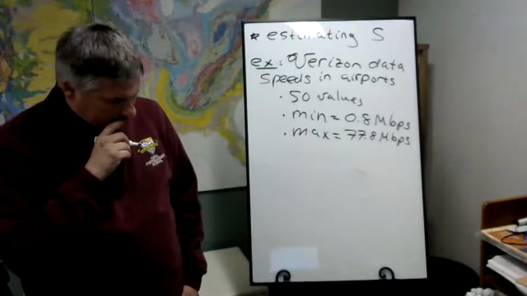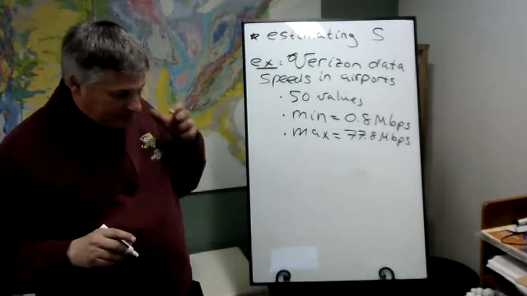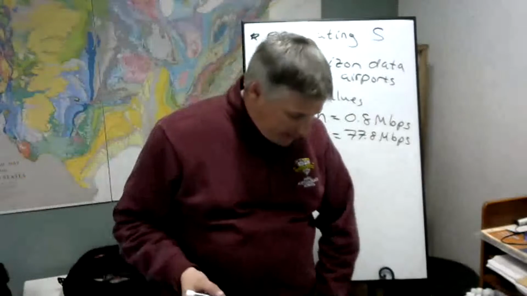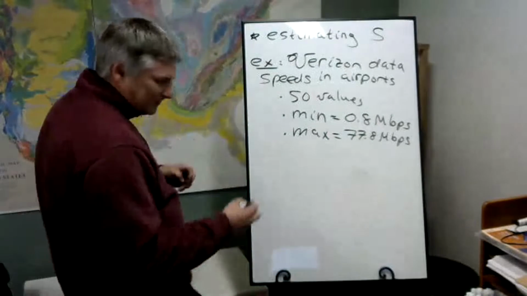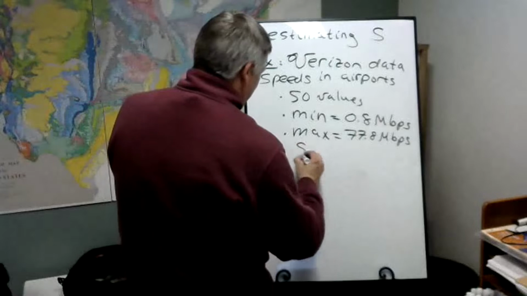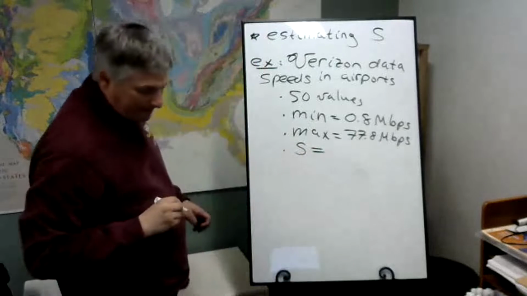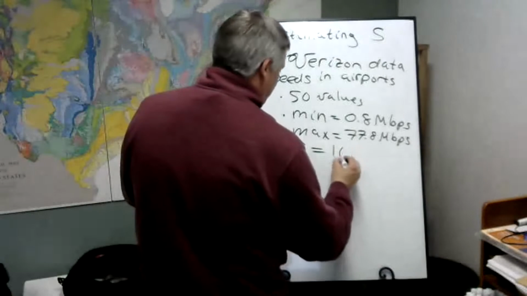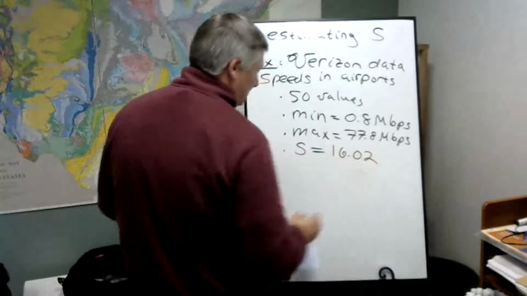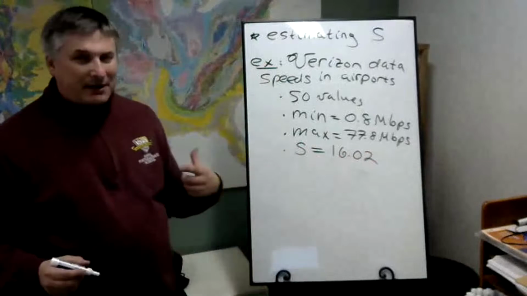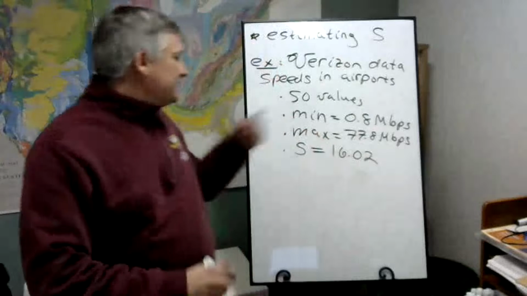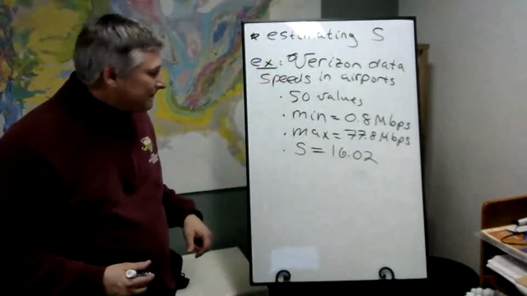Now, let's say someone calculated the standard deviation for this. They got a standard deviation using the formula of 16.02. So how does this compare to the estimate? Again, this data set we can look at later.